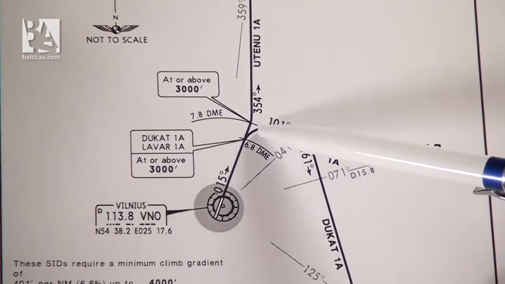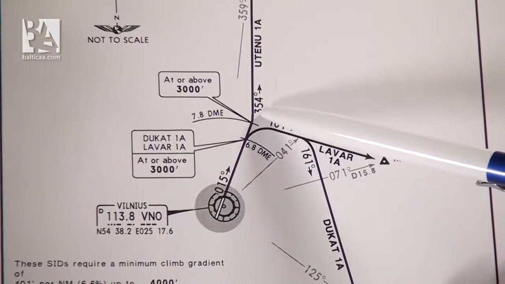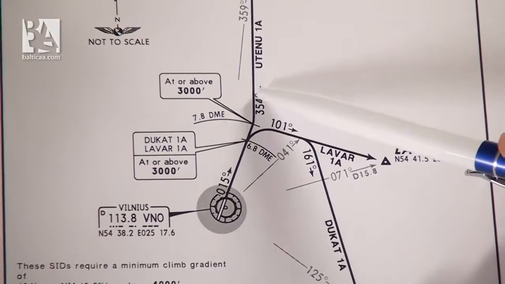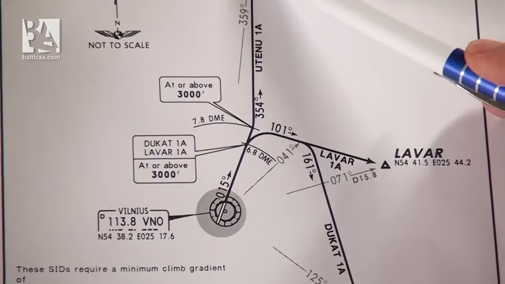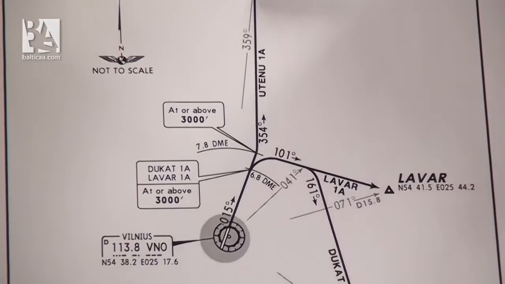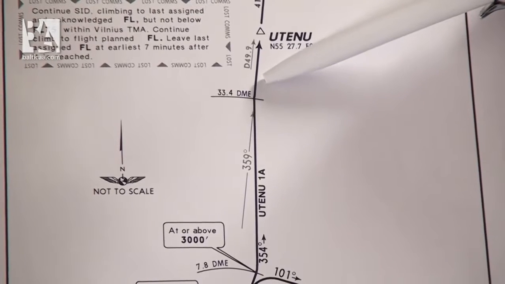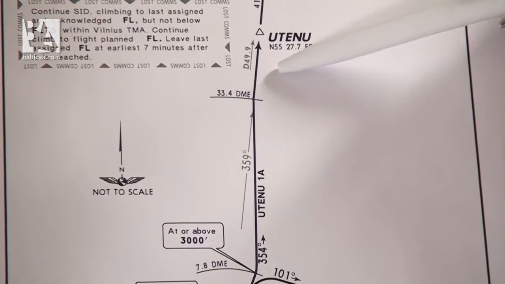After that, we would turn left to a heading of 354 degrees magnetic towards 33.4 DME of Victor November Oscar as seen here. Afterwards, we proceed direct to Uteno.